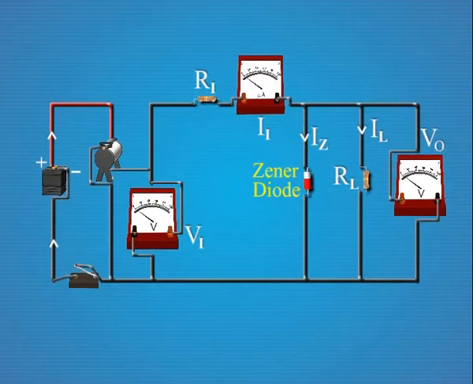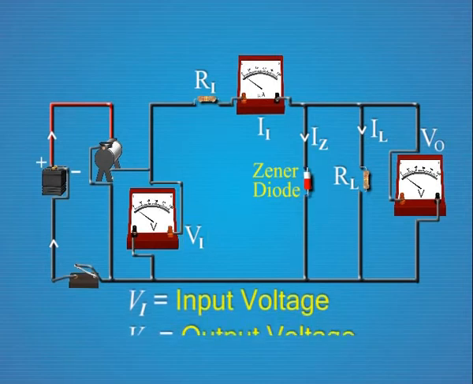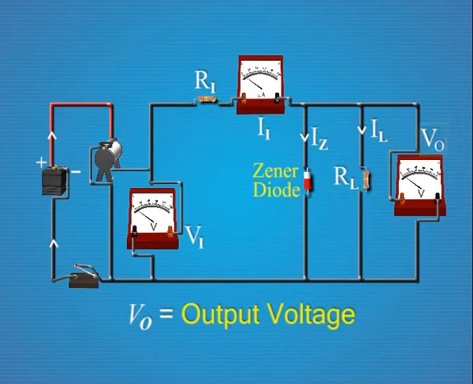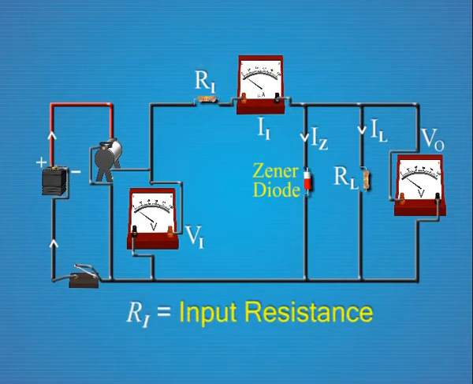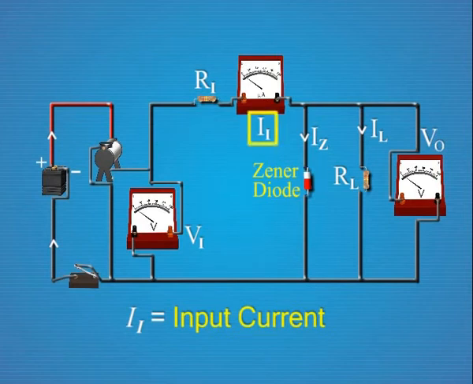Let me also tell you the meanings of the abbreviations used in this circuit diagram. Vi equal to input voltage. Vo equal to output voltage. Ri equal to input resistance. Ii equal to input current.